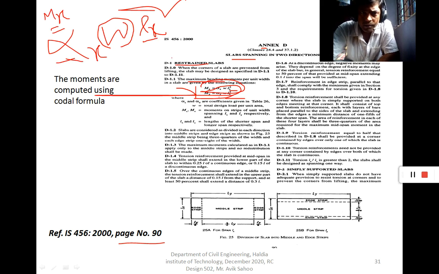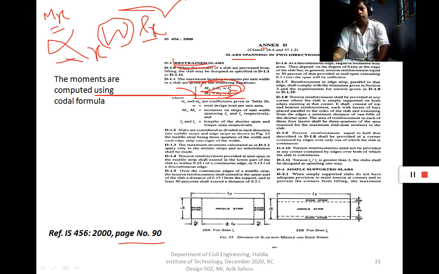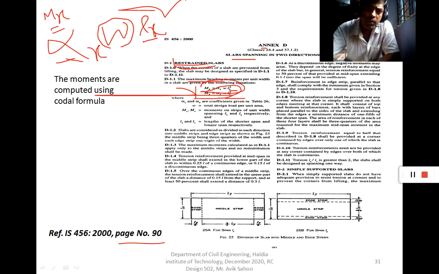Now, as it is restrained slab, the corners of the slab are prevented from lifting. It means we are using the torsional reinforcement to prevent lifting of the corner, because torsion is developed, and due to the torsion the corner is lifted up.